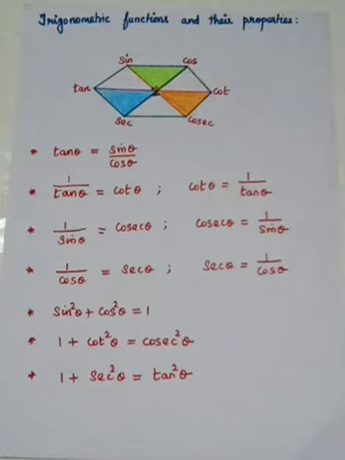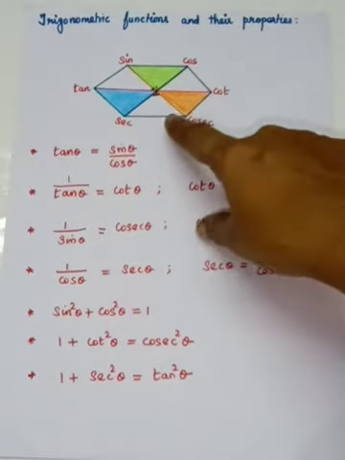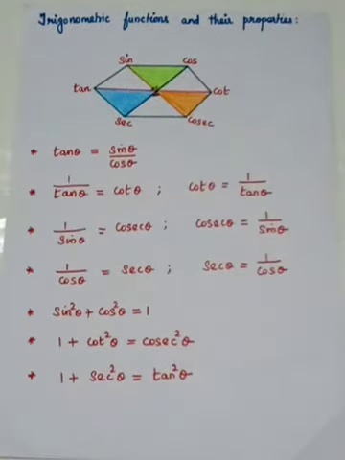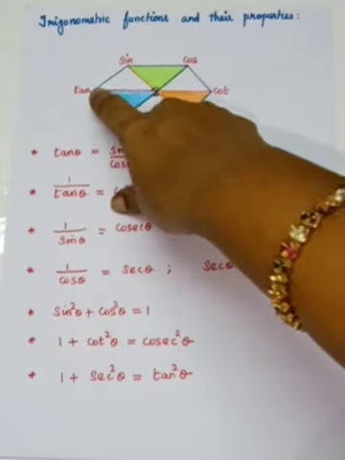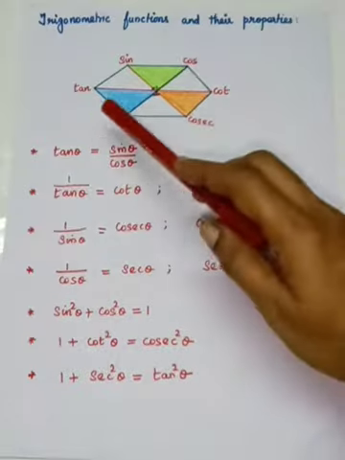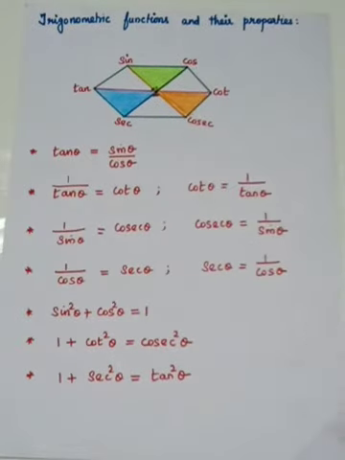You should know it. Okay, now here I have taken a hexagon. In the hexagon, the vertices have to be taken like this. If you remember, you can write the trigonometric formulas and the trigonometric identities.